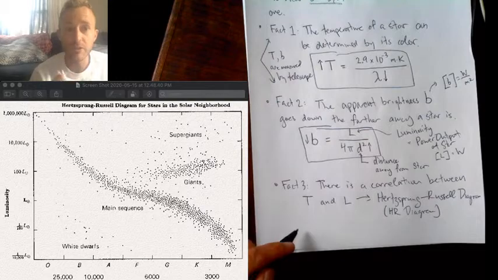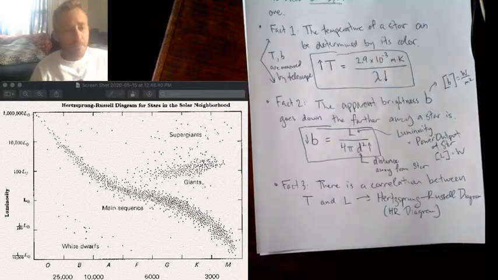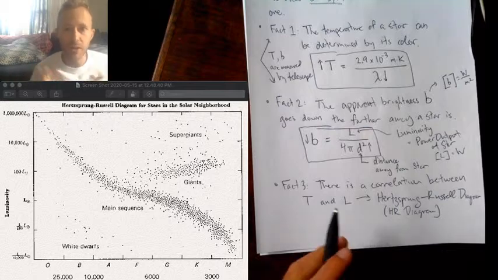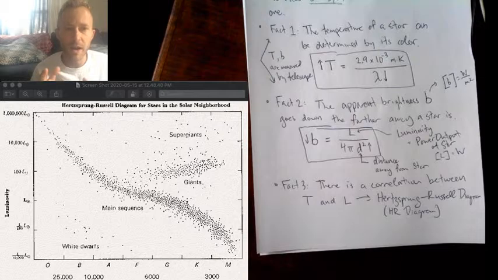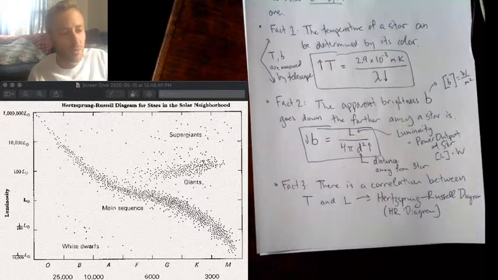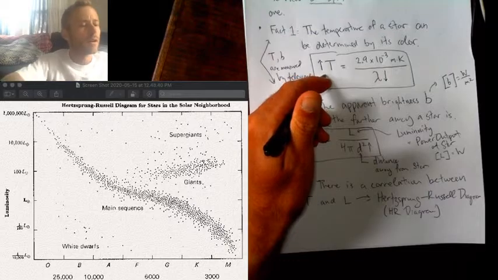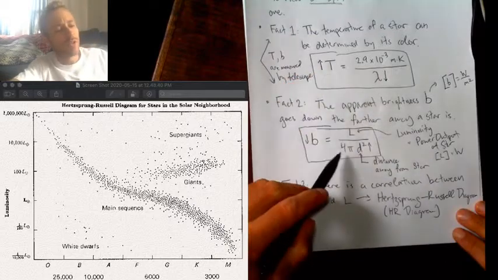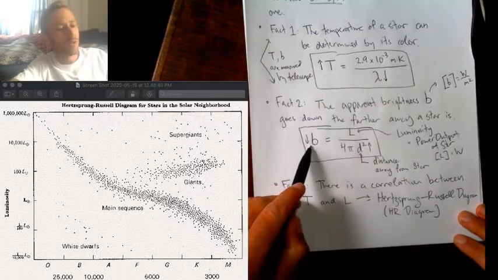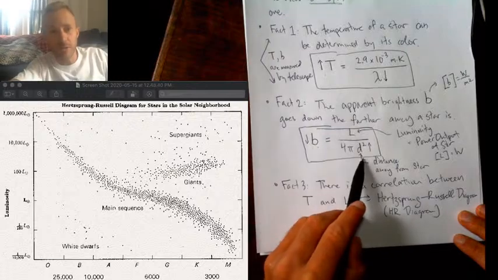How do we discover this correlation? We discovered this correlation using the parallax method. The parallax method allowed us to figure out how far away stars are, what the luminosity of the star is, and what their temperature is. Notice how if we know the apparent brightness and we know the distance, we can solve for the luminosity.